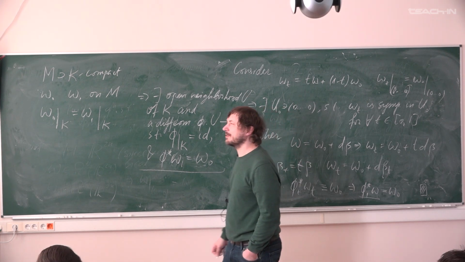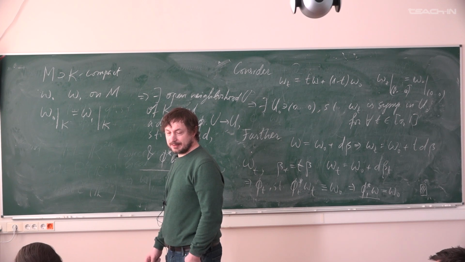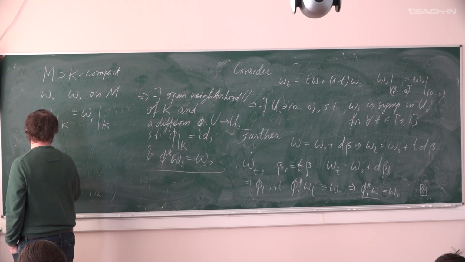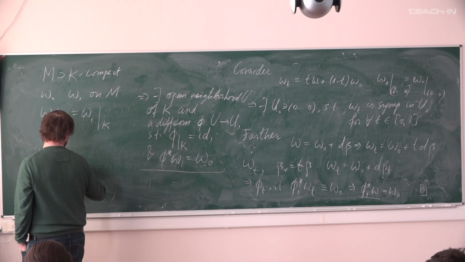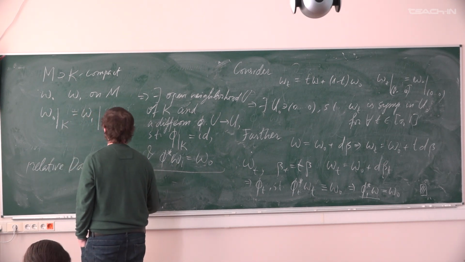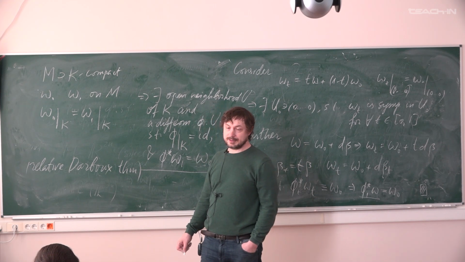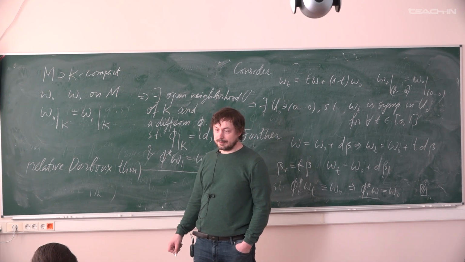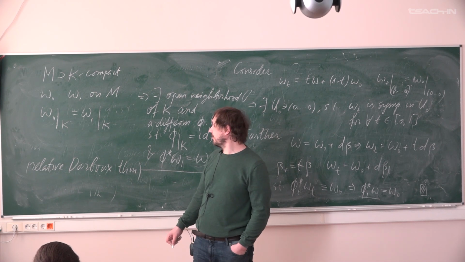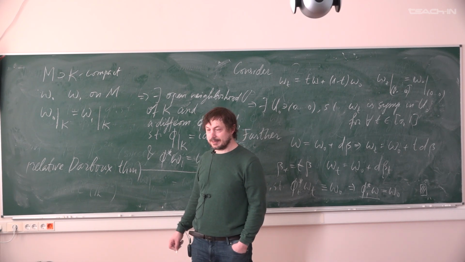As far as I can remember, it is this. That's sometimes called the relative Darboux theorem. Here, in our case, K was equal to the point. ω0 was the standard symplectic form, and ω1 was the given symplectic form.